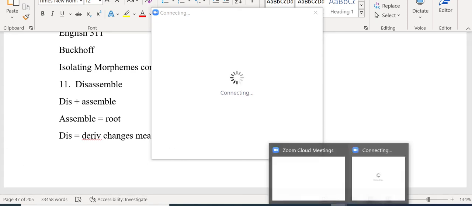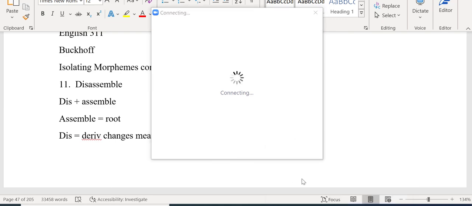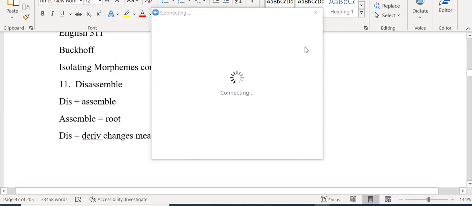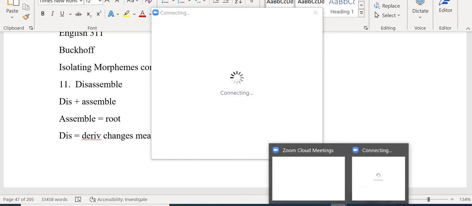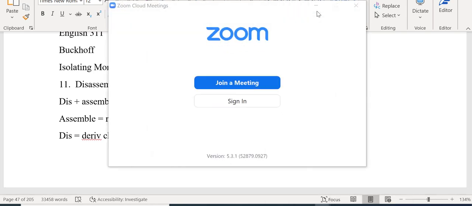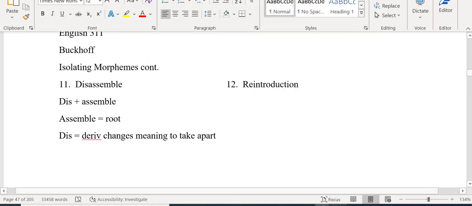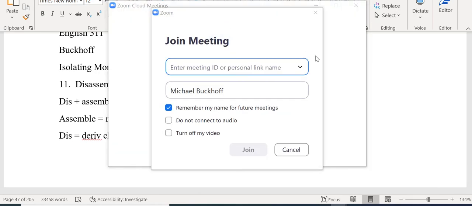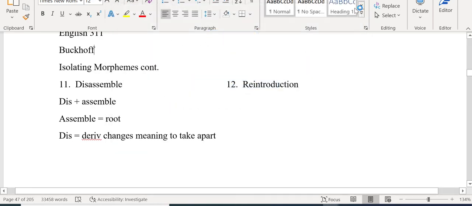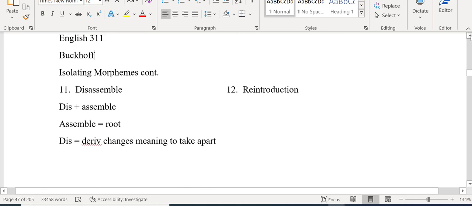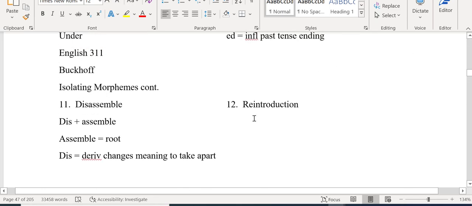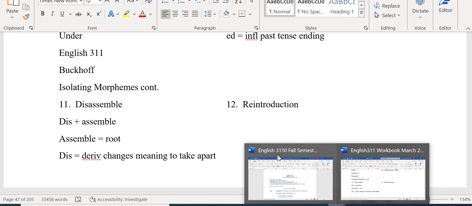Uh-oh. Okay, looks like we're having some problems with Zoom right now.